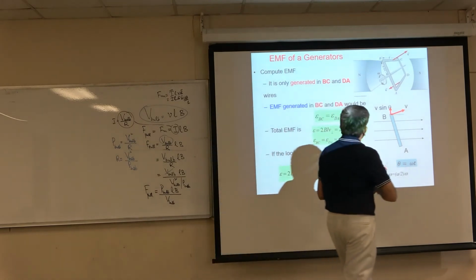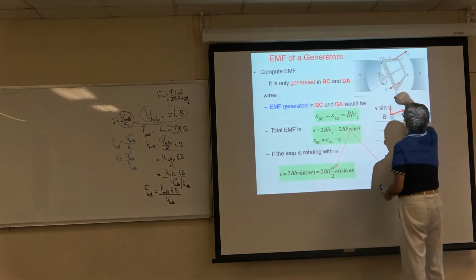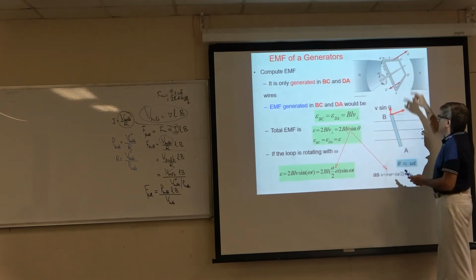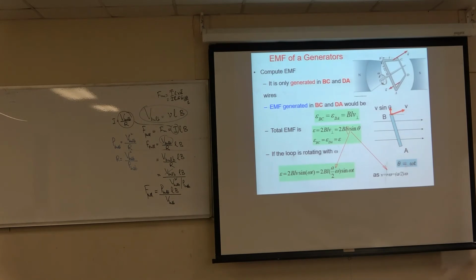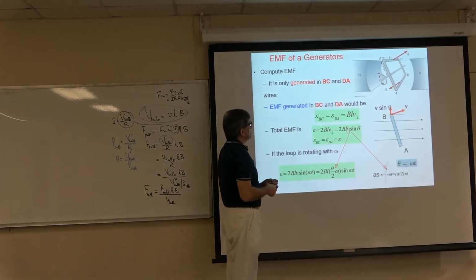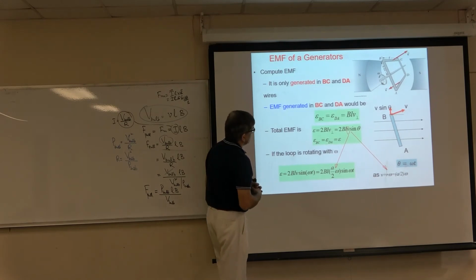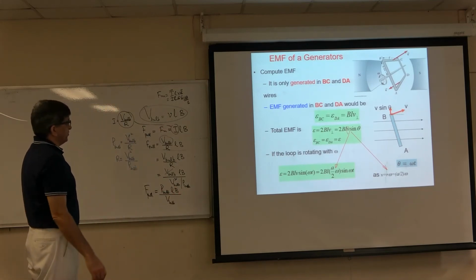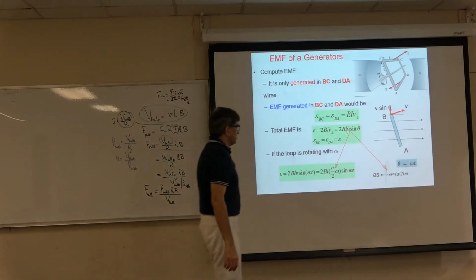So I have this loop which has the sides AB, BC, CD, and DA. Now if I look at the sides BC and DA, the current will be generated only through these sides, because for the other two sides, BA and CD, the flux will not change and the EMF will not be generated.